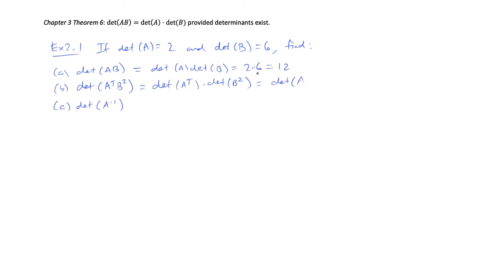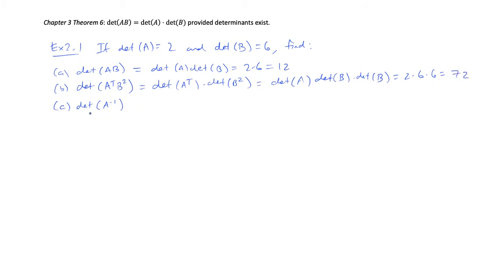The determinant of A transpose is the same as the determinant of A, so I'll just replace this with the determinant of A, and the determinant of B squared is going to be the determinant of B times the determinant of B. So this is 2 times 6 times 6, so 2 times 36, which is 72.